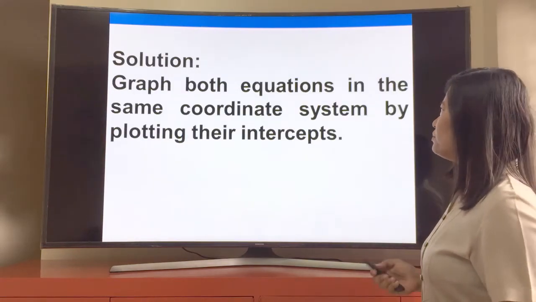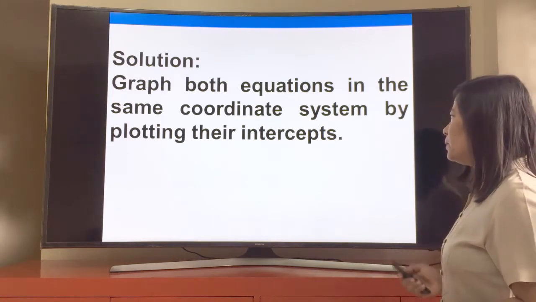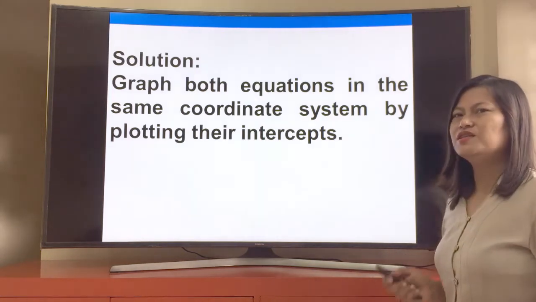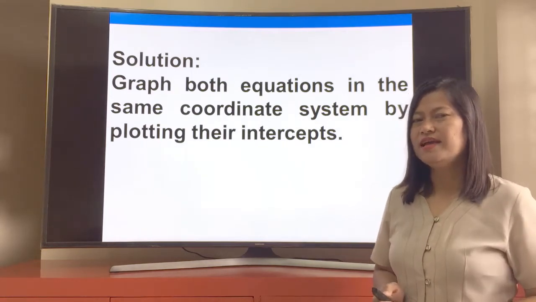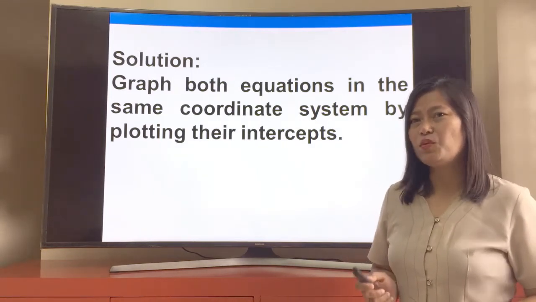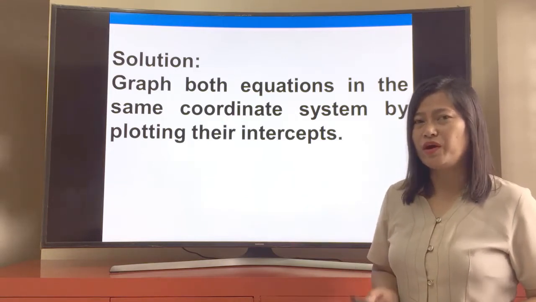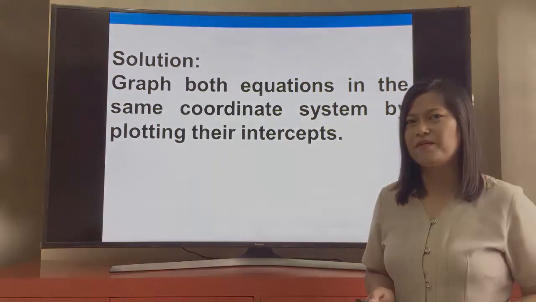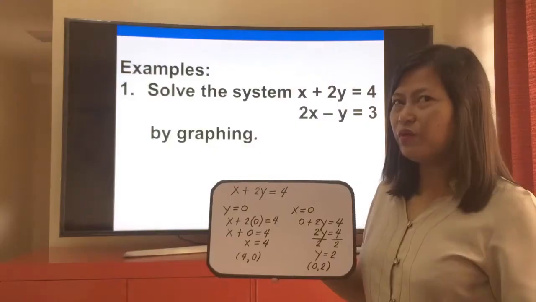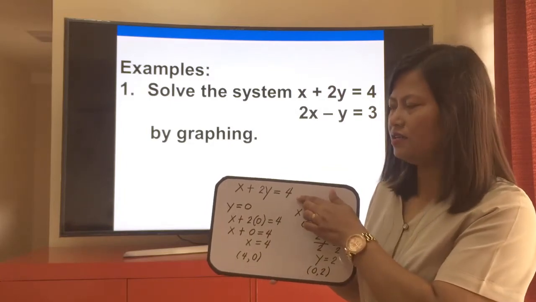Solution: graph both equations in the same coordinate system by plotting their intercepts. So we will find the x-intercept of equation 1, and identify also its y-intercept. We will find the x-intercept of equation 2, and identify also its y-intercept. Let's have equation 1: x + 2y = 4.